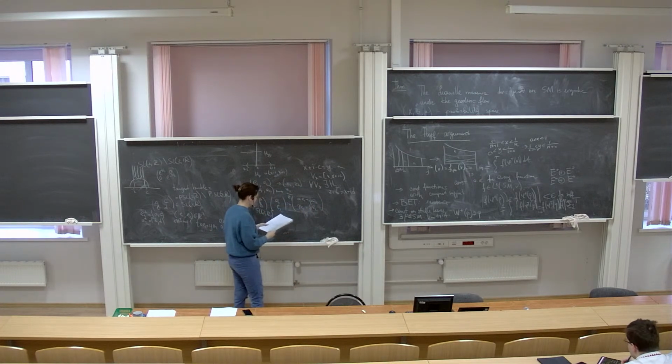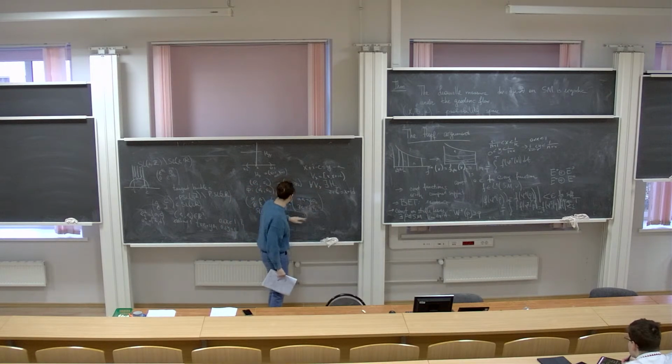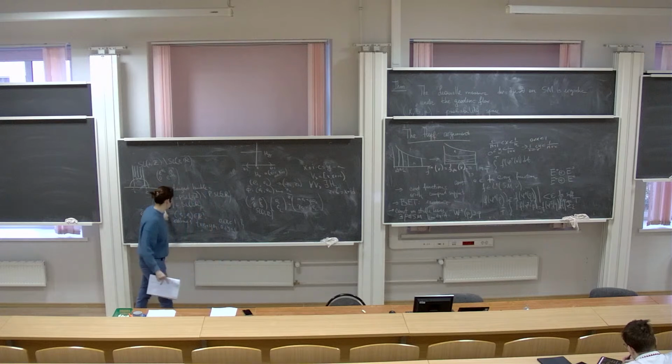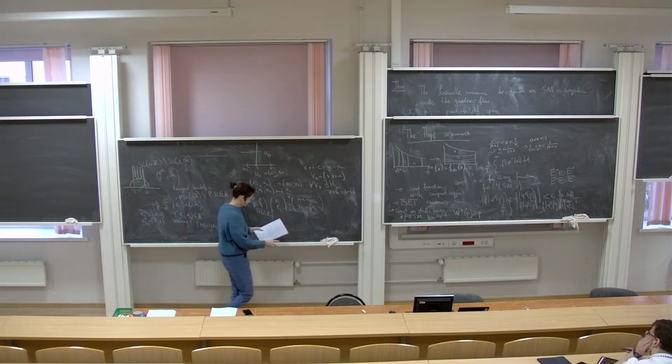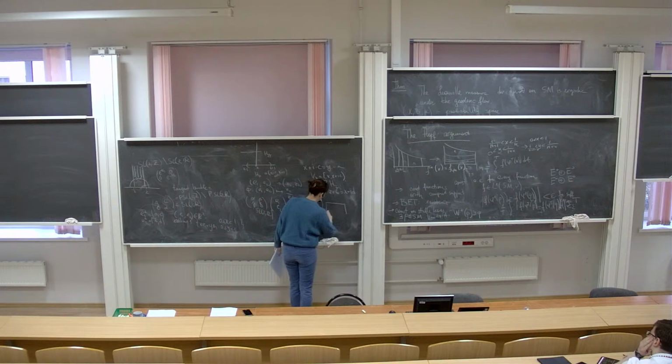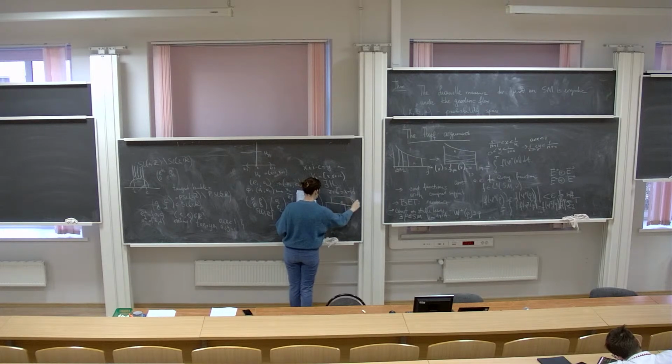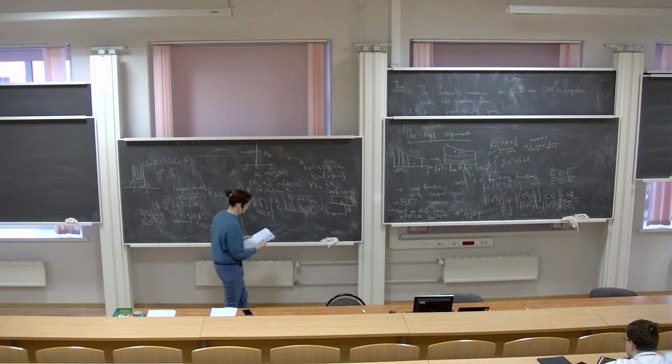And you understand that these A, B, C, D are the coordinates in this matrix. So we built a kind of fundamental domain for our lattice formed by two rectangles like that, AD and BC.